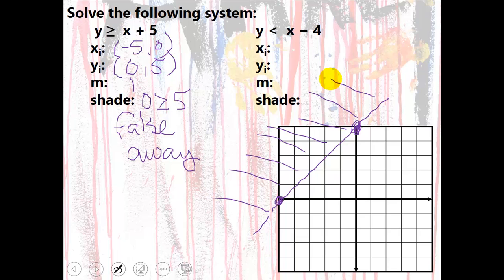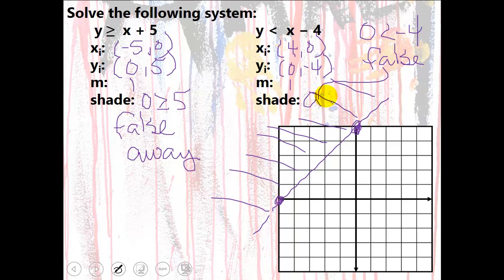This one, this is going to be 4, 0, and 0, -4. My slope is 1. And then I'm going to test 0 is less than -4. That's false. So I'm going to shade away.